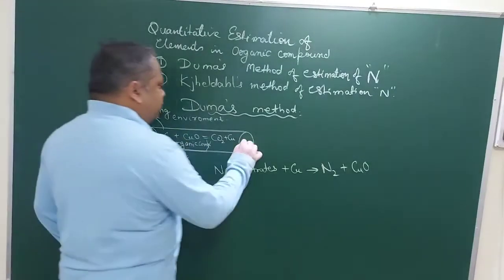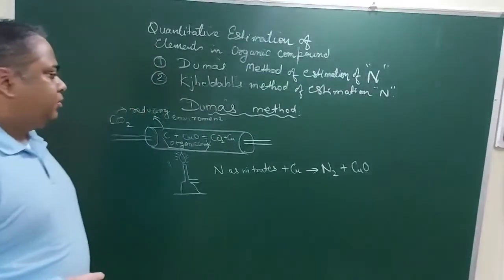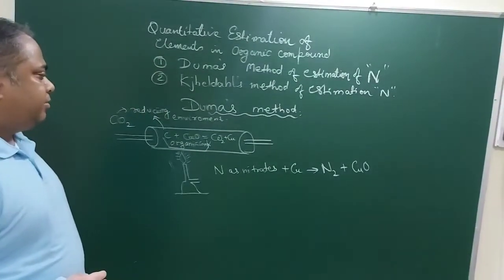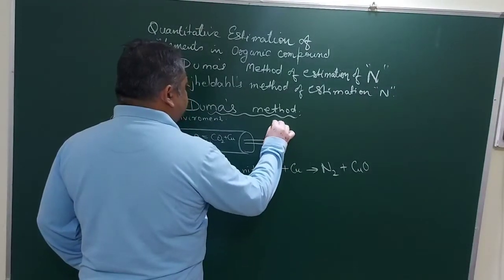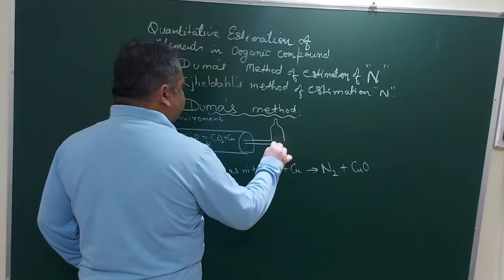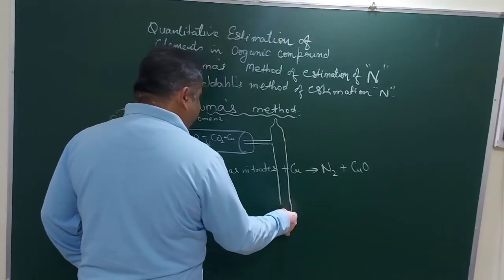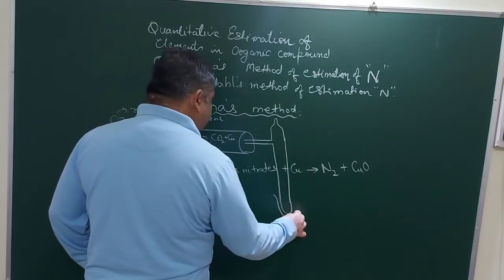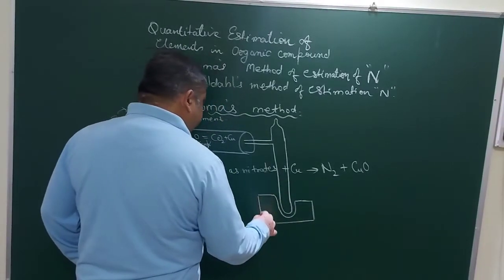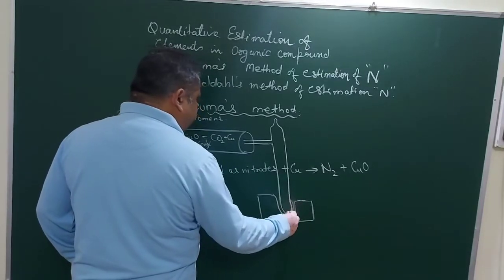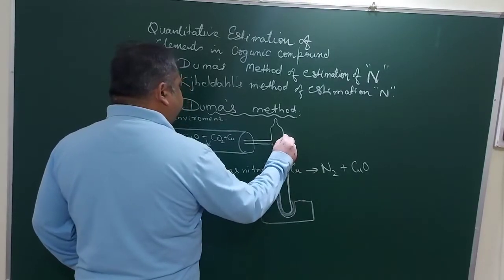Now this nitrogen is absorbed in a nitrometer. Okay, it is absorbed in a nitrometer. This is just a stand where this tube, the nitrometer, can be kept. And here volume can be measured in milliliter.